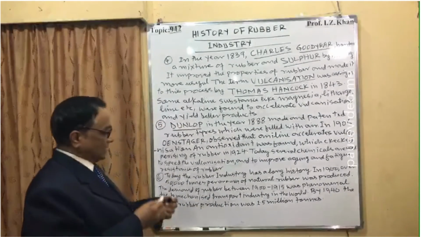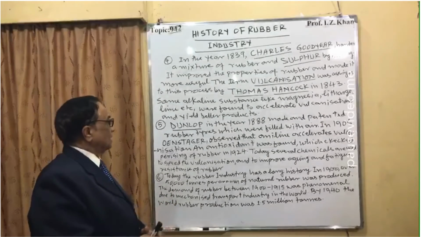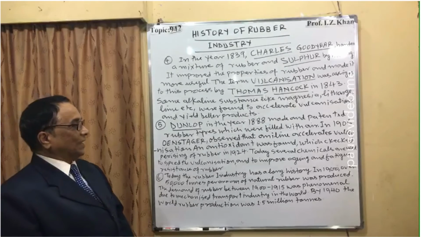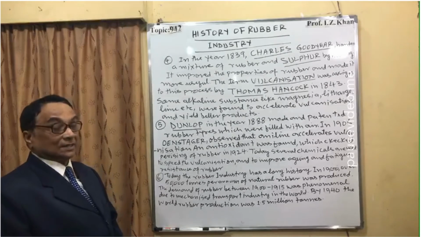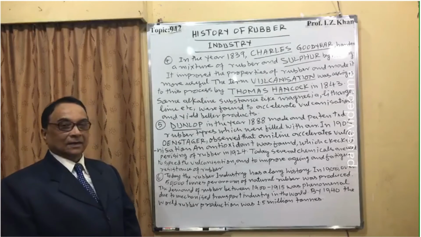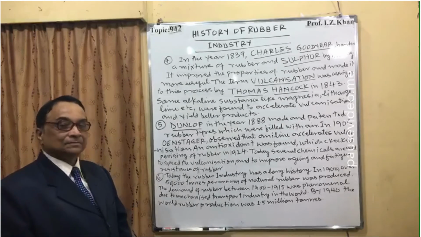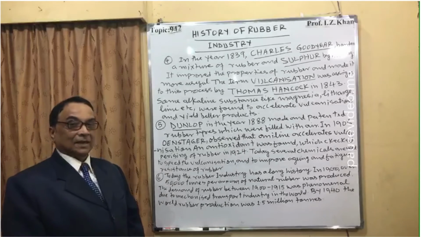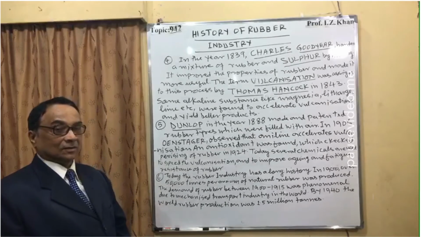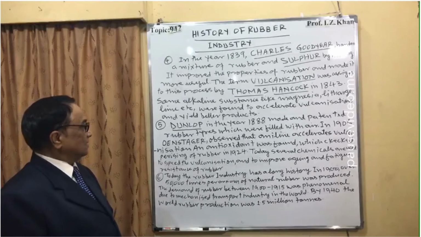So in 1888 he made and patented the rubber tires which were filled with air. So it was Dunlop who first prepared the tire, and he took the patent in his name, and it was filled with air and used as a tire, and that is known as Dunlop tire.